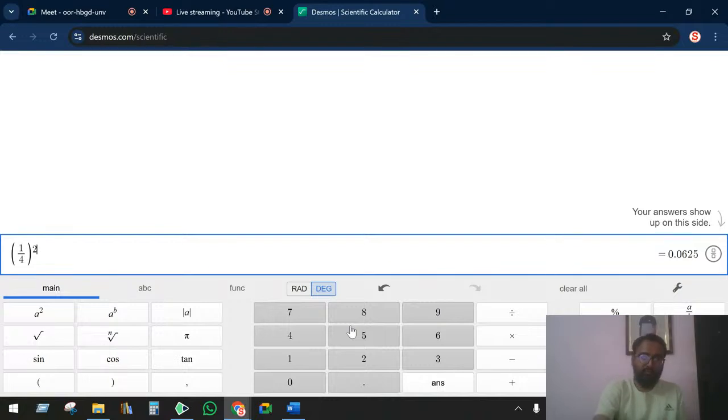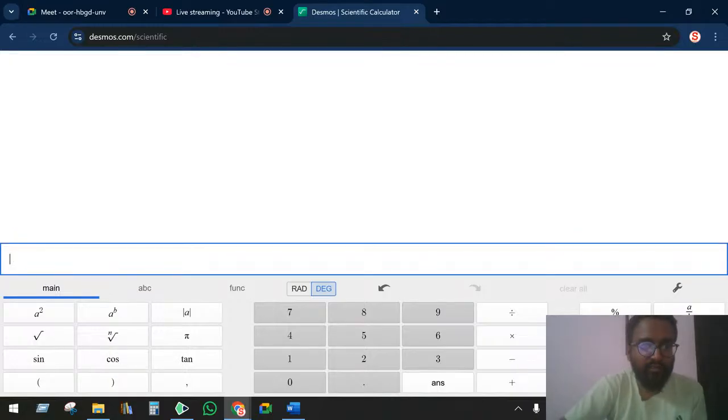What is 1 by 4 whole cube? What is 1 by 4 power 4? 0.0039. Power 5 is about 10 power negative, 0.00097. It goes to almost 0. Reaches 0 only. It reaches 0. Okay.